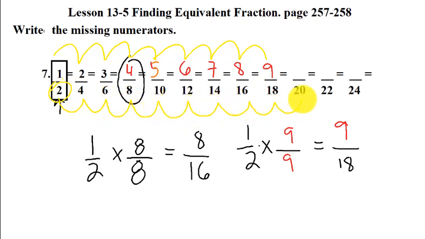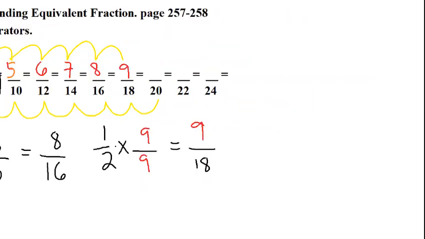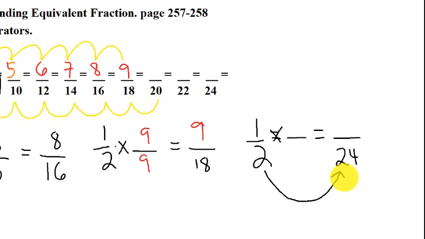If we continue to multiply, for example, 1/2, let's find the fraction for 24. What number times 2 gives us 24? It is 12 in this case, 12.